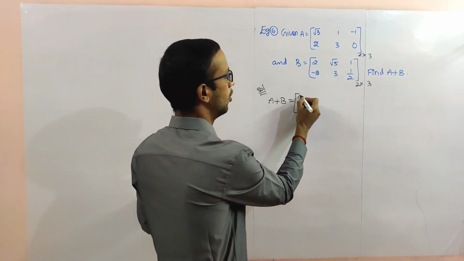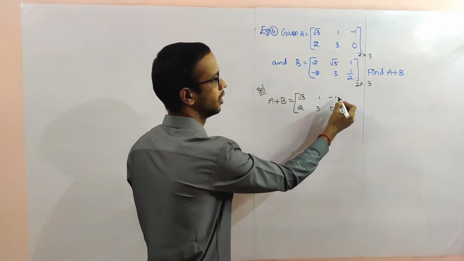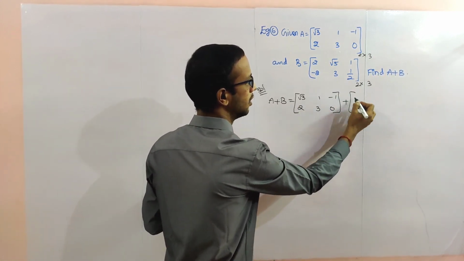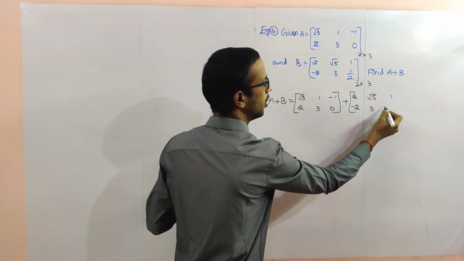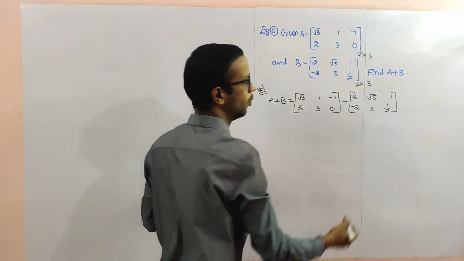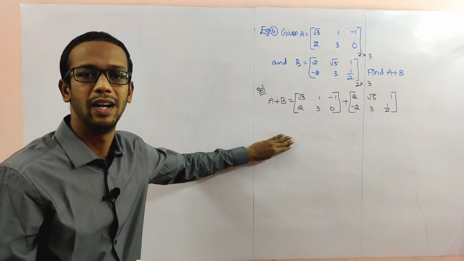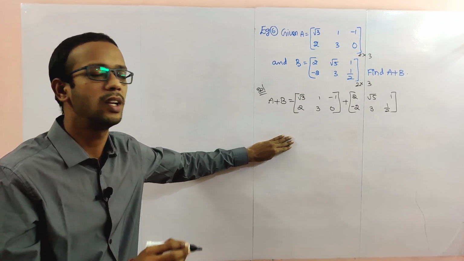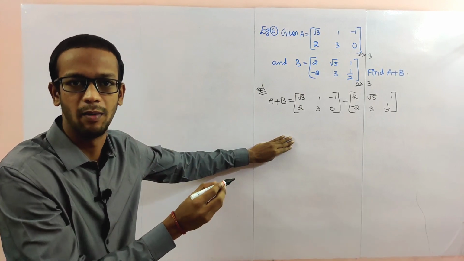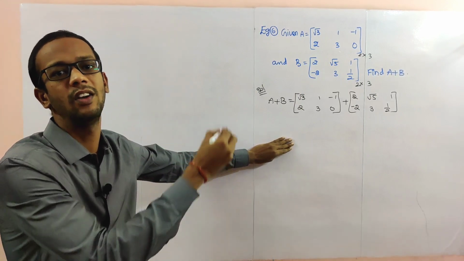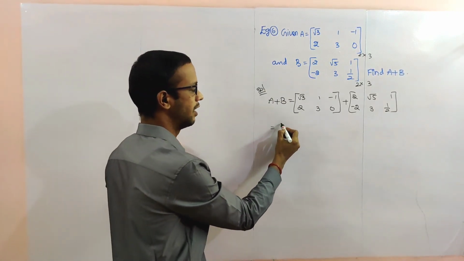So now root 3, 1, minus 1, 2, 3, 0 plus 2, root 5, 1, minus 2, 3, 1 by 2. Just do the corresponding elements addition. Corresponding elements means first row first column element, first row second column element; the same position we have to add.